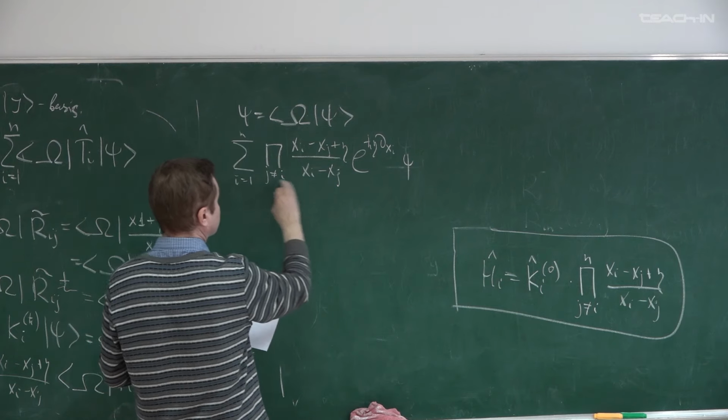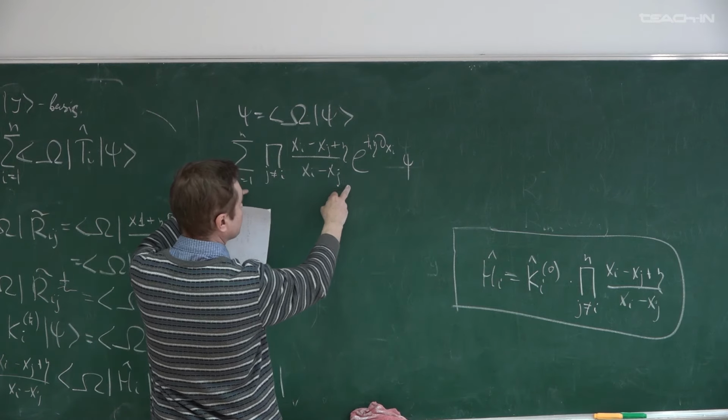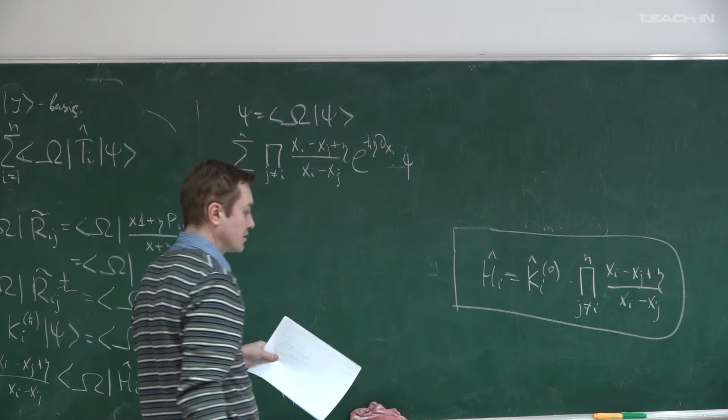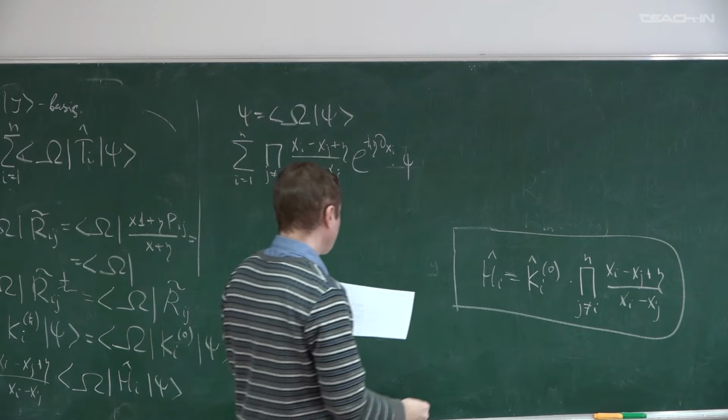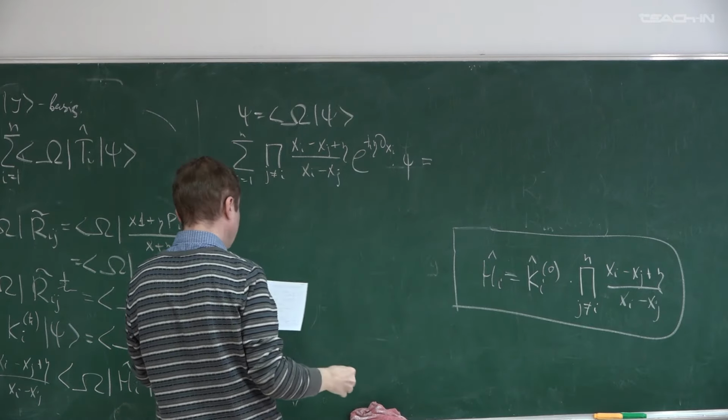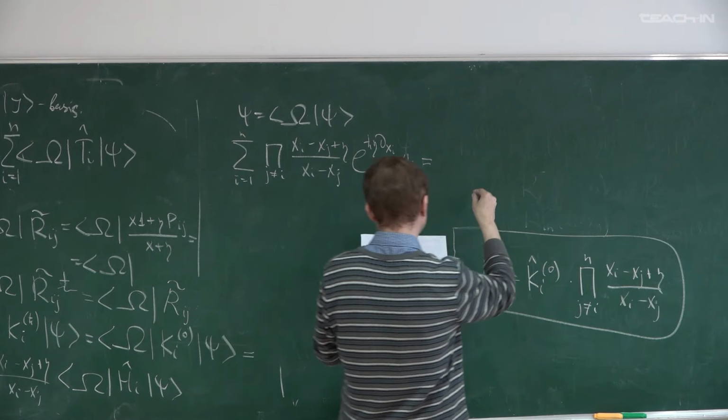So this is the Ruijsenaars-Schneider Hamiltonian, which is not trigonometric but rational. It's very similar to what we just discussed.